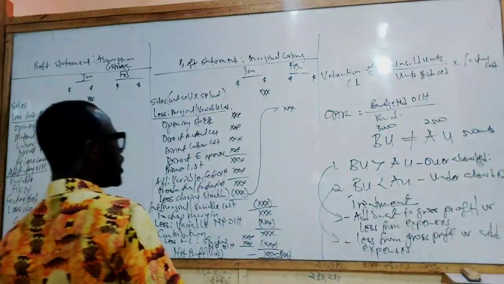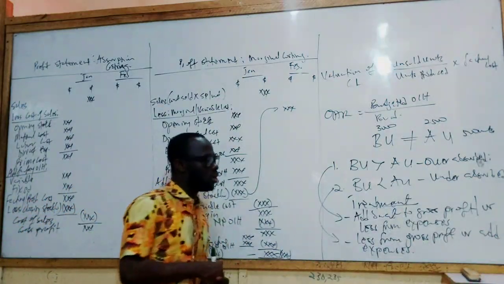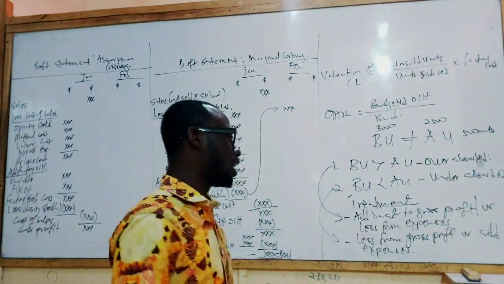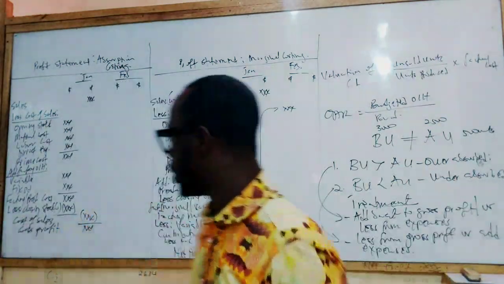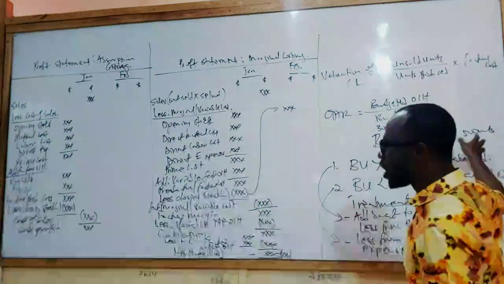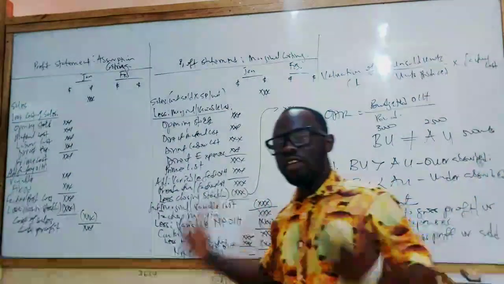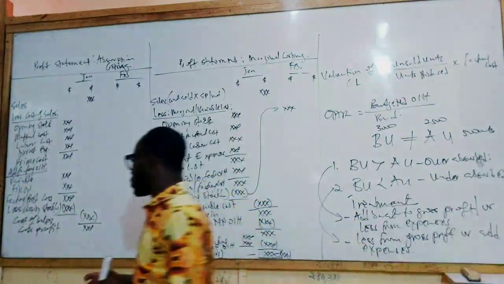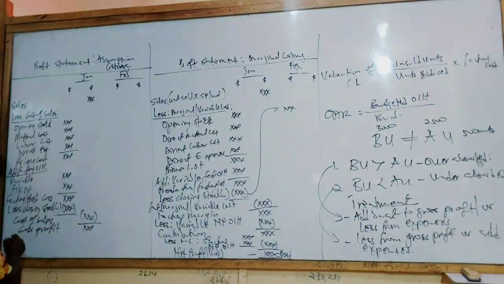So that is what we mean by the treatment of the over absorbed overheads and then what? The under absorbed overhead. So once we do these workings and identify and find out whether overheads are under absorbed or over absorbed, we bring that here.